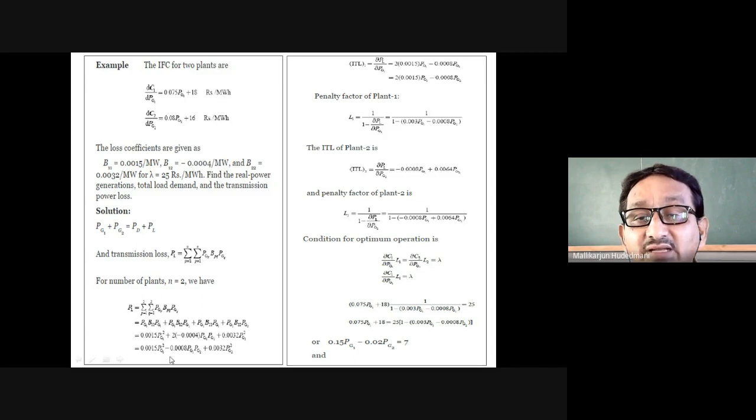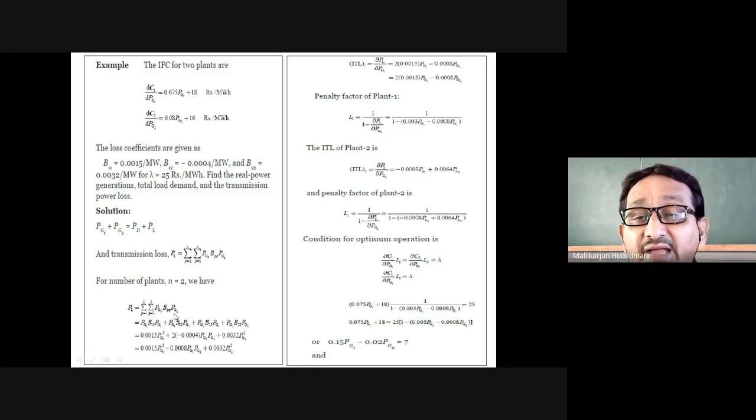Naturally, there is a minus that comes out. This is actually PL. This is the loss which is going to occur in the system where these two generators are interfaced to deliver a certain commitment. Now, what that loss is exactly going to be is based on what set point PG1, PG2 get into.